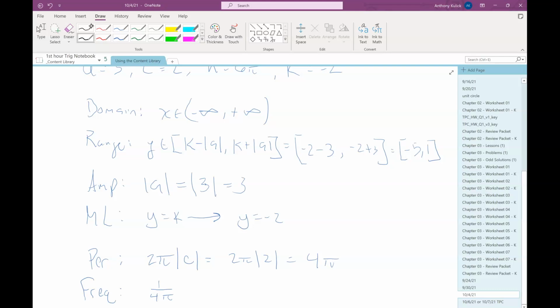Not so bad, right? We're just using the formulas. The formulas themselves were a little bit tricky to come up with, but once we have them, they're easy to use. They're very simple. Again, the hardest part is probably making sure that you factor the inside of your sine or cosine function to make sure you get the right values for a, c, h, and k. It's remembering to do that. So far, so good? Okay.